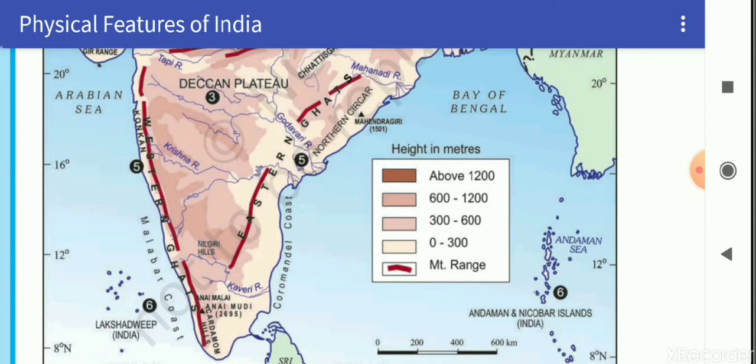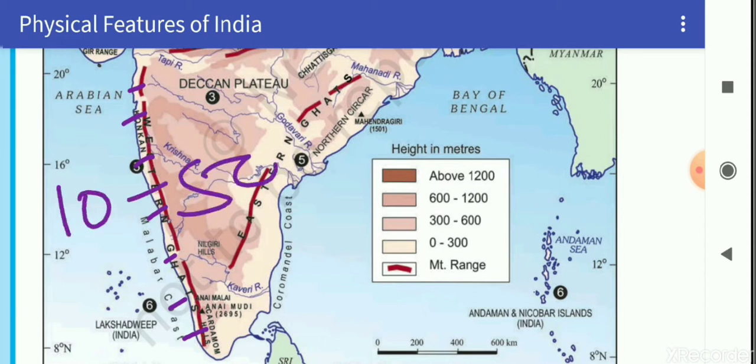You see this is very narrow space here, right? And the total width is 10 to 50 kilometer only.